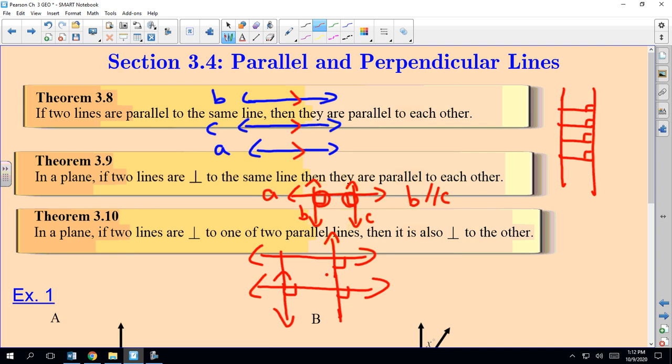Same thing here. If it were to continue through, it would make another right angle there. So those are the three theorems dealing with parallel and perpendicular lines.